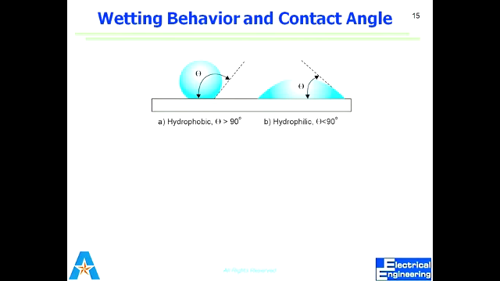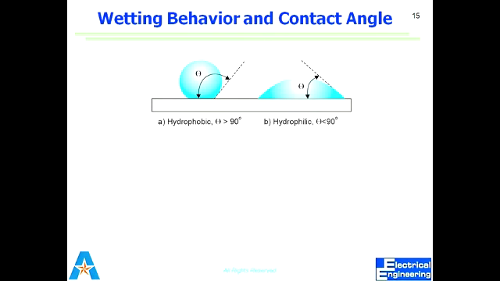Contact angle measurement tells you about the hydrophobic nature or the hydrophilic nature. As you can see, in case of A, the hydrophobic nature, the angle theta should be greater than 90. Why should it be so?